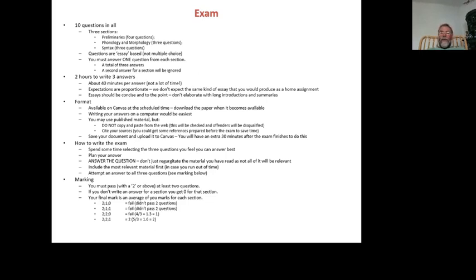The problem with that is the question that is asked may not be the one that you can best answer. So obviously it's going to be best for you to choose the 3 questions that you can best answer, and you will only know what they are if you read all 10 of them at the beginning. So do spend some time looking at the whole paper before you choose your subjects to answer.